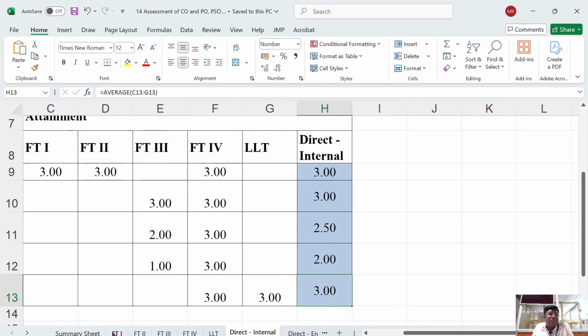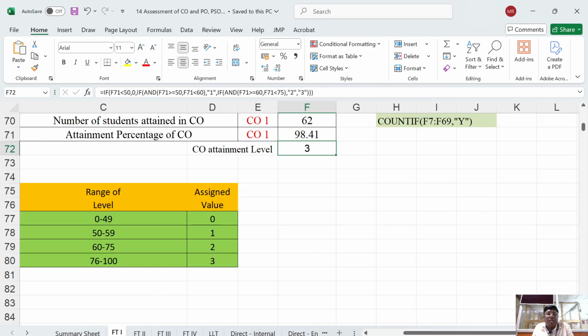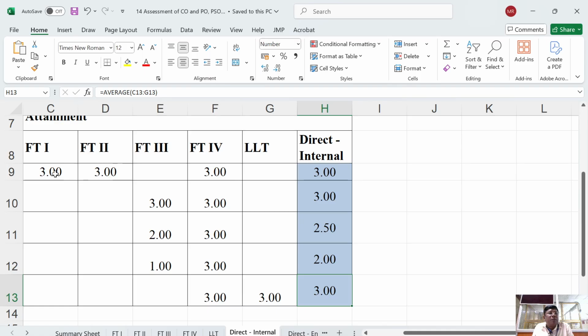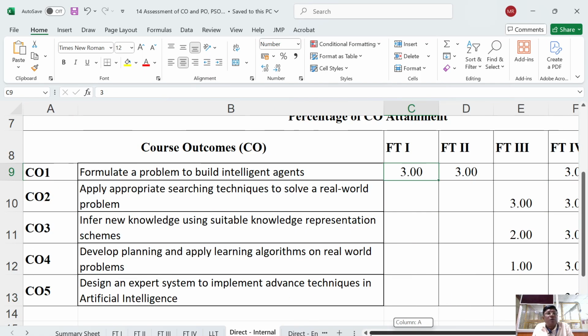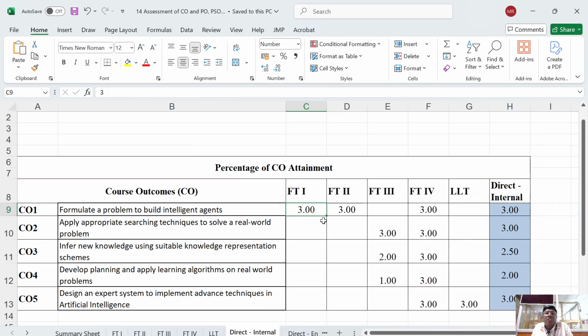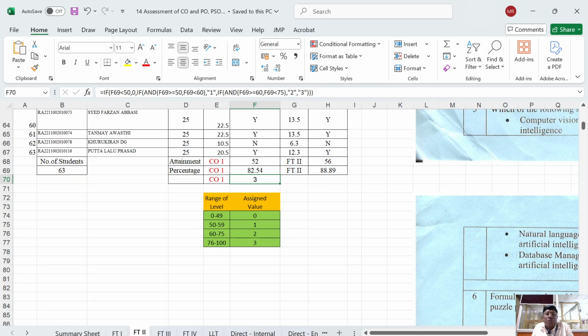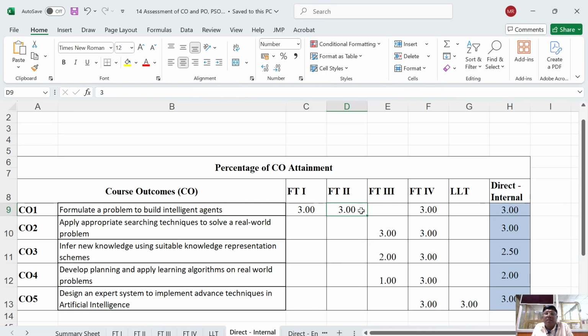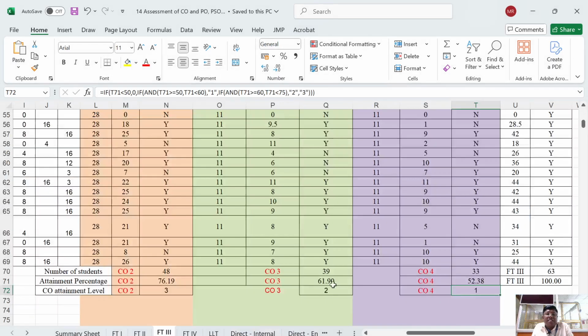If you look at FT1, it is CO1. So direct internal FT1 for CO1, let me make it a small one. CO1 is 3, and FT2 is concerning another CO1 only. So CO1, and FT3 is concerning CO2, CO3, CO4.